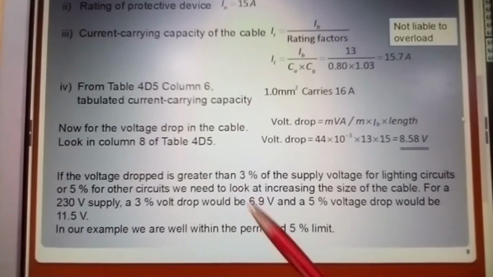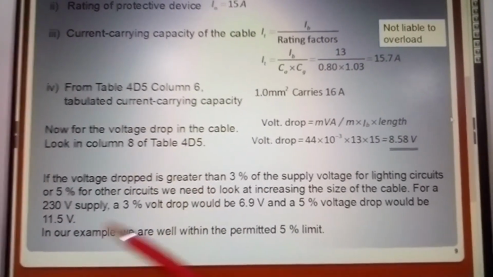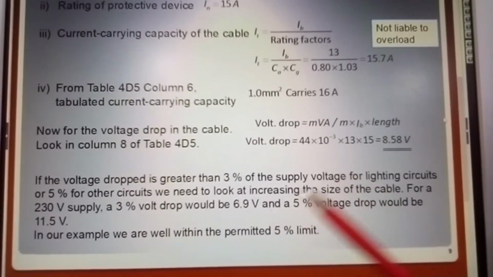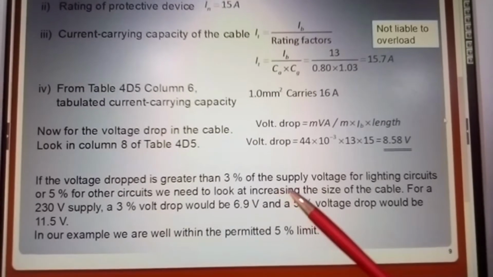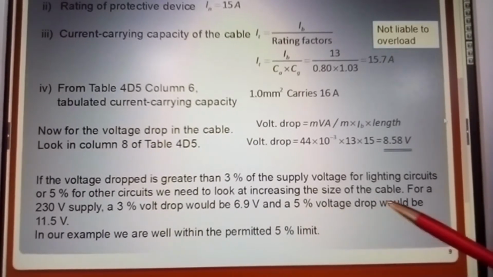So for me in this case here, if the voltage drop is greater than 3% of the supply voltage for lighting circuits or 5% for other circuits, we need to look at increasing the size of the cable.